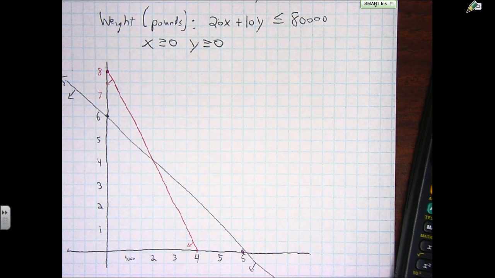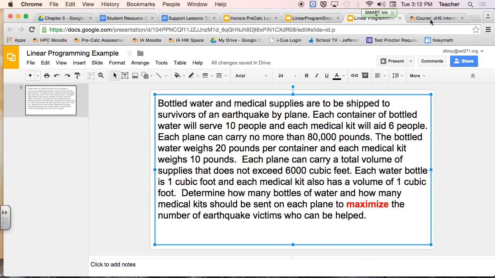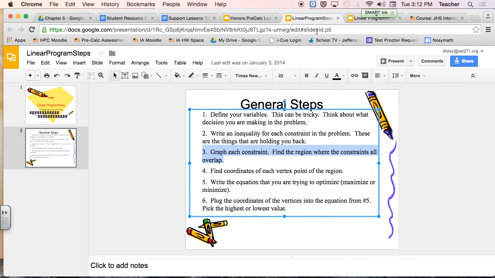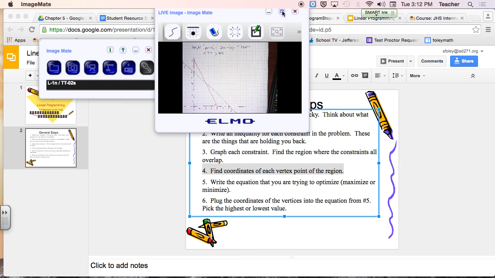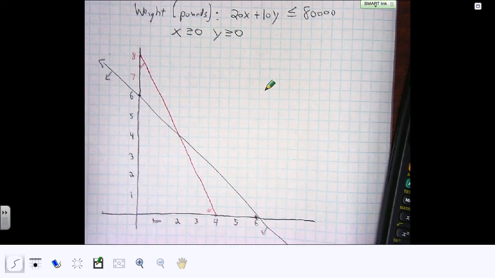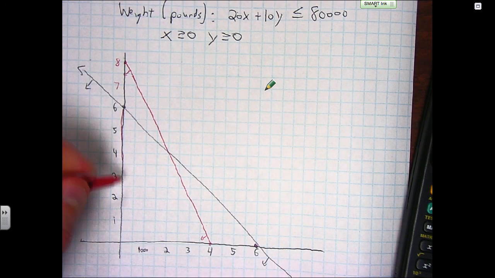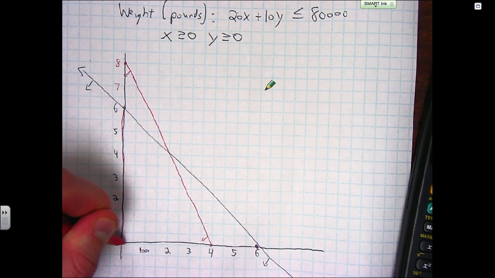And so I'm looking to see, when I look at my steps here, where the constraints overlap. And in particular, I'm interested in those corner points of the region. And so I've got this region inside here, this sort of quadrilateral.